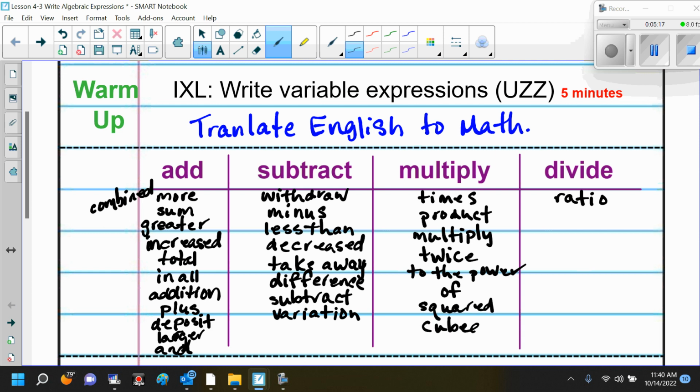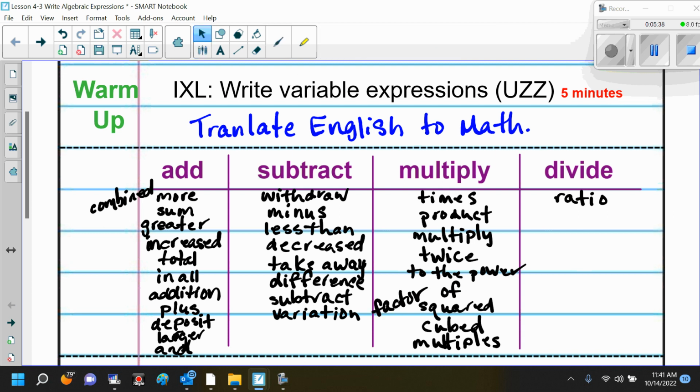Very good. How about multiples? Good. We can say factor. Let me add that in there. Factor of. So let me just put this down here. Factor. Okay. All right.